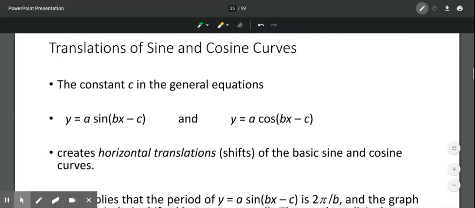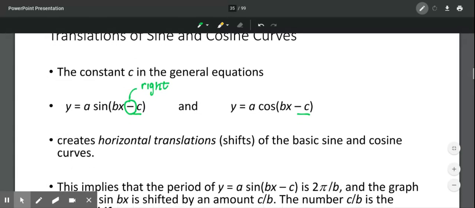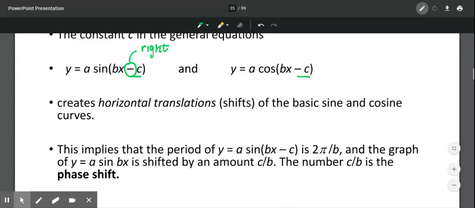Okay? And then we have translations. So where we're shifting horizontally. So that letter that they use is C. So far we have A, B, and C. So C is your horizontal shift. Remember, if you have the minus C, the negative, you're going to the right, right? And the positive, you would be moving to the left. Okay? But you have that B value in there.